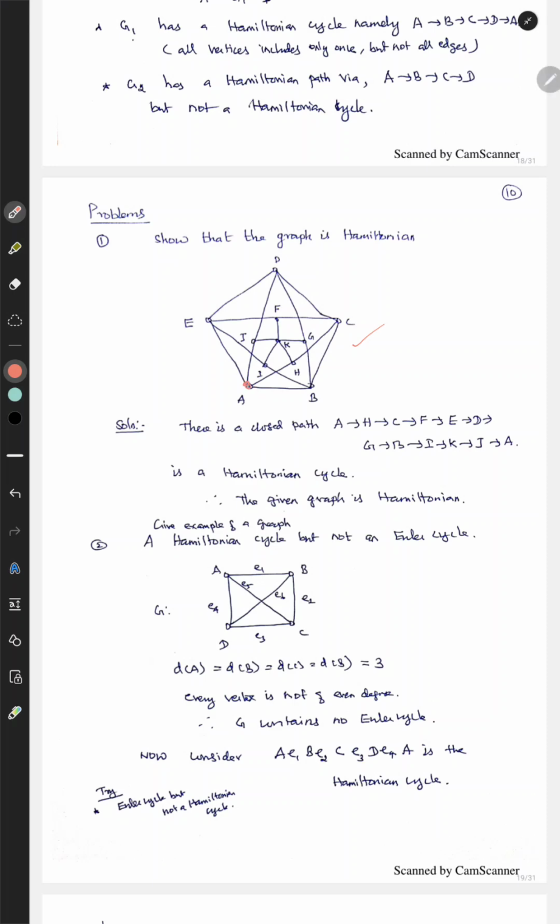Starting at A, if you want to find a Hamiltonian circuit, we can go to H. So visited H. Now to C, then to F, then to E, then to D, to G, then to B, then to I, then to K. We have to go inside to cover the vertices here and come back to K, to J. So H is already taken, G and F are taken, so now to J, and then to A.